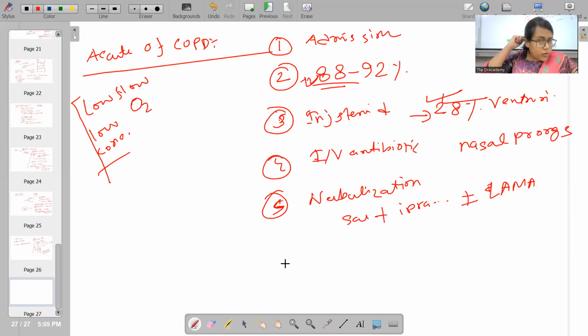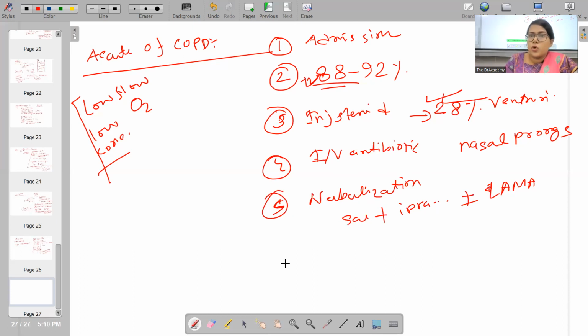Okay, so we will observe the patient after giving this type of medication. If the patient is not showing any symptomatic improvement, we can go for non-invasive ventilation. And towards the end, if still the patient is symptomatic and becomes unconscious, we can consider mechanical intubation. And chances of recovering from mechanical intubation in COPD patient is very slim compared to asthma patient.